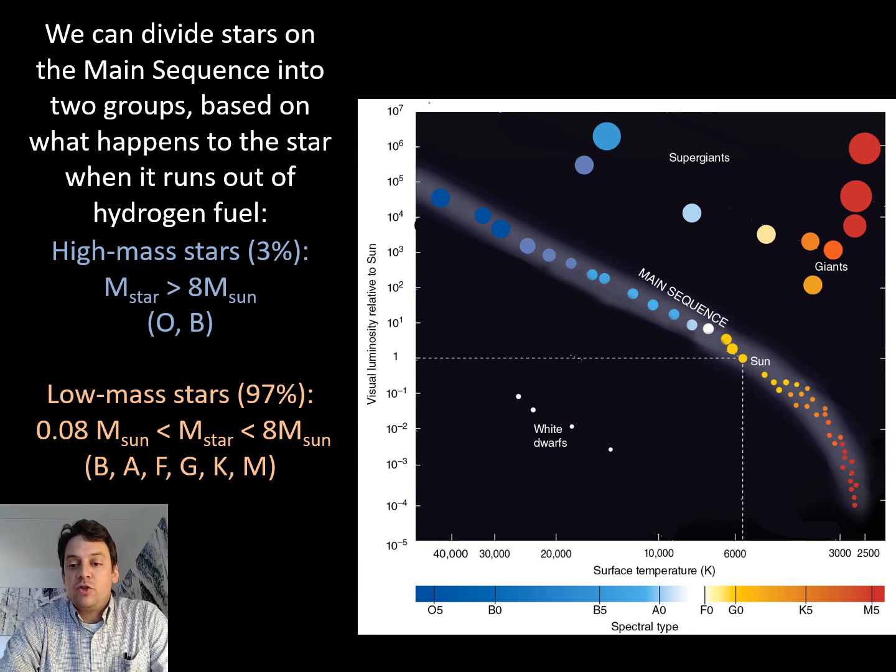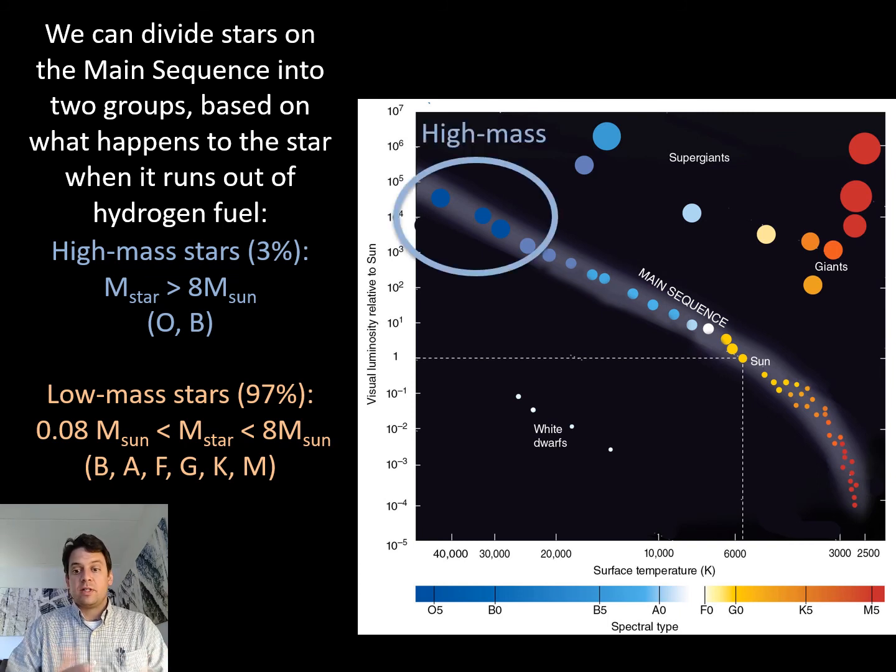And the reason that we choose that 8 solar mass dividing line is again not to have equal numbers, but because what happens to these stars when they run out of nuclear fuel, in other words, what the evolution of these stars looks like, differs in important ways from the low mass stars.